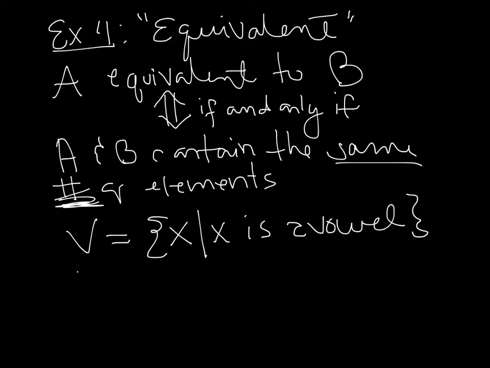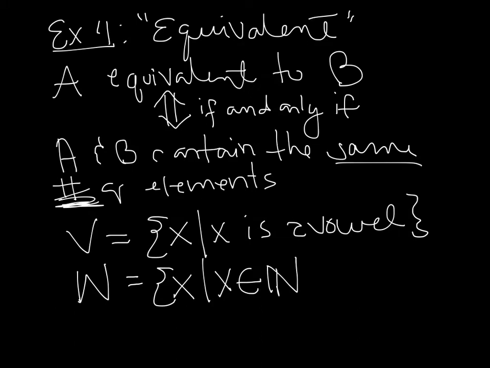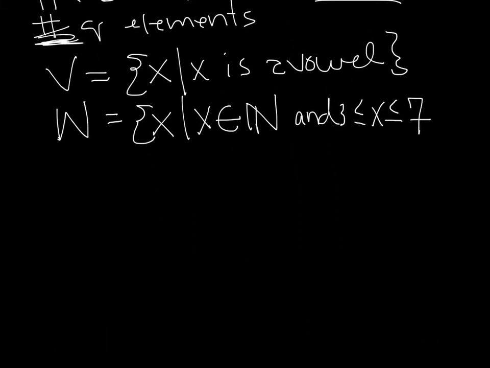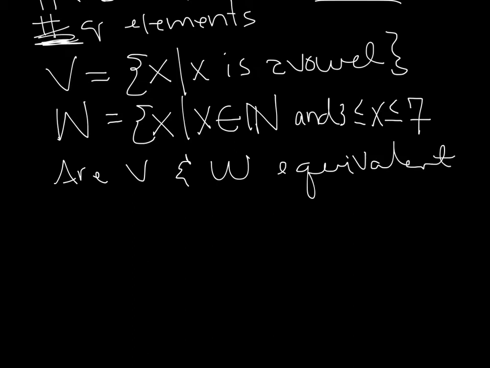And let's call the other set W. W is the set of X such that X belongs to the natural numbers and X is greater than or equal to 3 and less than or equal to 7. So the question is, are V and W equivalent? Meaning equivalent sets. Are they equivalent?